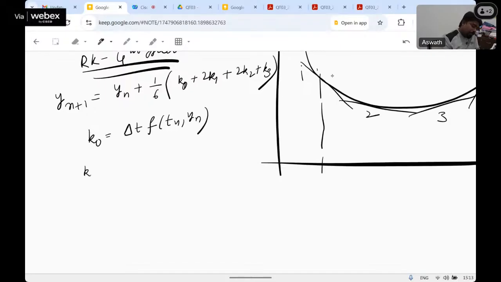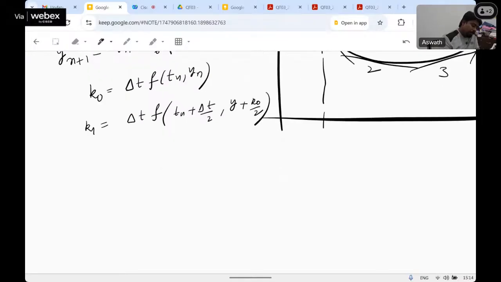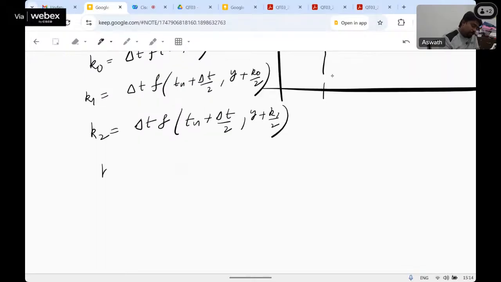K1 is delta T times the slope at delta T by 2, y plus K0 by 2. K2 is delta T f(Tn plus delta T by 2, y plus K1 by 2), and K3 is delta T f(Tn plus delta T, y plus K2).